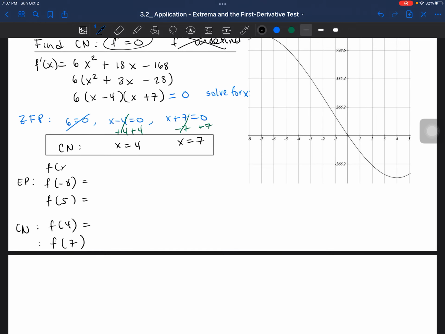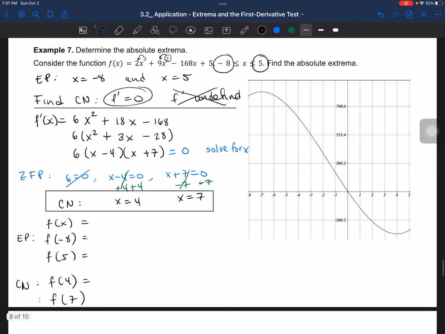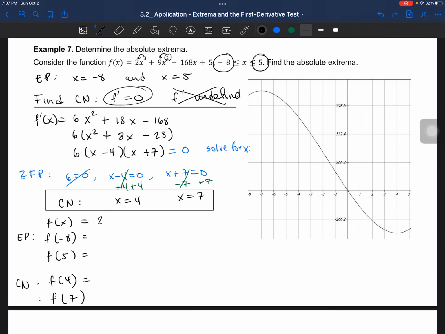Let's take the original function and write it up here: 2 times x cubed, I said x cubed but I wrote square, plus 9x squared minus 168x plus 5. For every single one, we're going to replace x with negative 8.